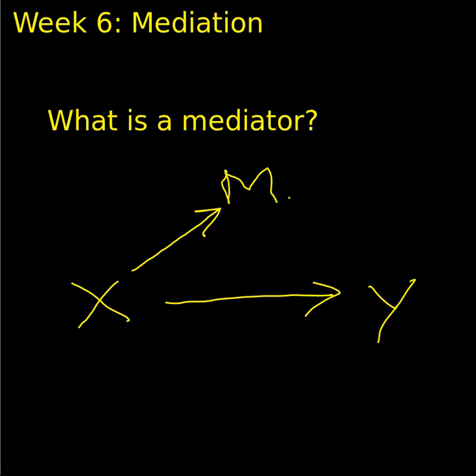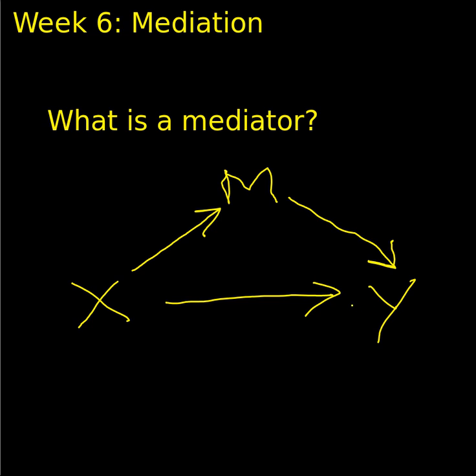And what the mediation process is suggesting is that there is a causal pathway that we call an indirect causal pathway between X and Y. So that means that in order for X to influence Y, and this is a causal process, for X to cause Y, to bring about a change in Y, it must in some way act on this other causal agent before it acts on the outcome.